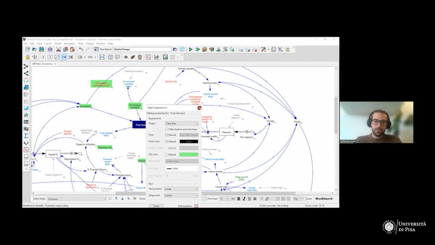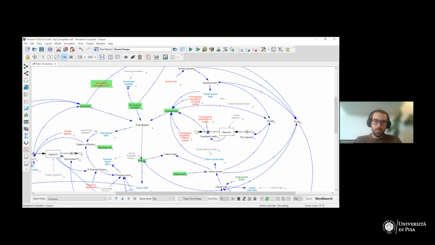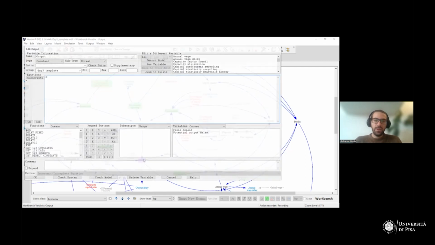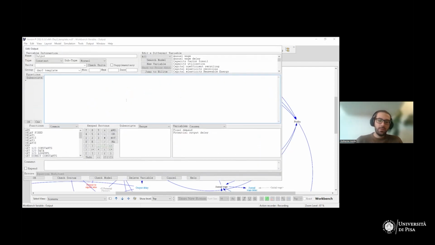So we can do the following. We can connect the two variables to output. Then we open the equation for output. We can write min. And then what we are doing here is saying that the value of output will be the smallest among final demand and potential output.